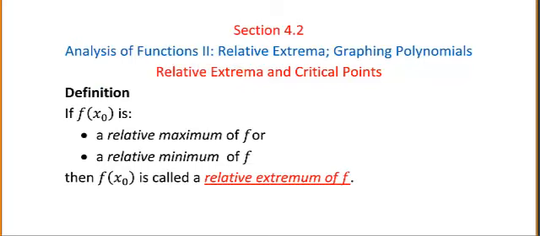If f of x0 is a relative maximum or a relative minimum, then f of x0 is called a relative extremum. So extremum, or extrema in the plural, is the catch-all that talks about either maxima or minima, depending on what we might have.